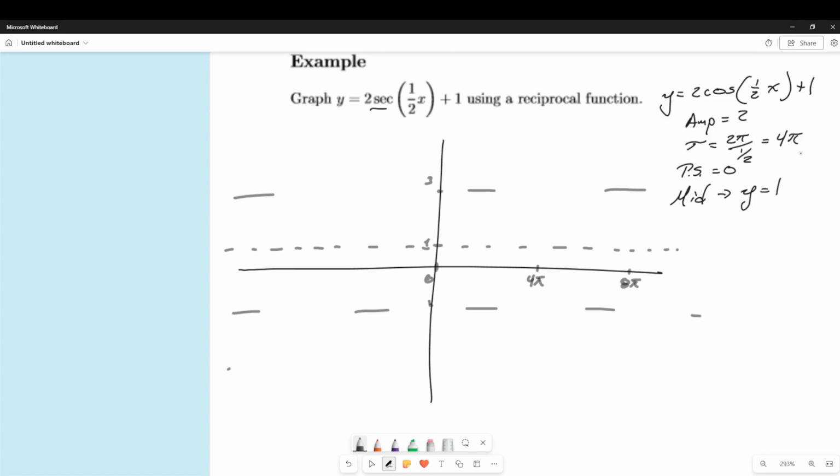Our quarter periods are really nice because our period is 4 pi, so our quarter periods are just 1 pi. So we're going to have something fun happening at 0, because that's where we start, no phase shift. And then at 1 pi, something's going to happen.